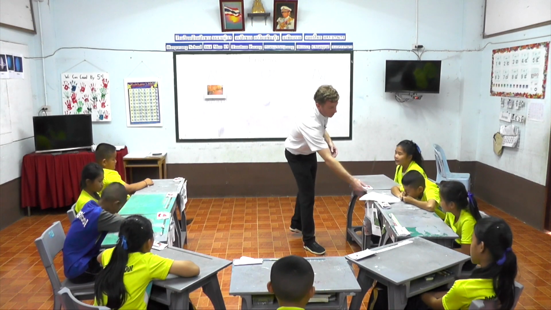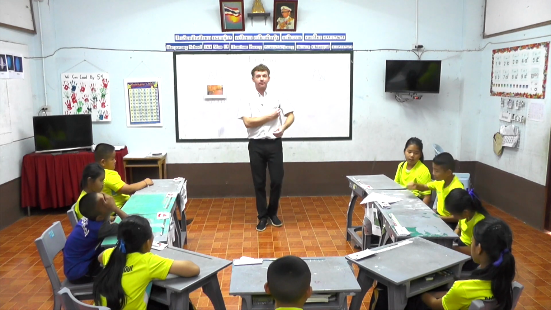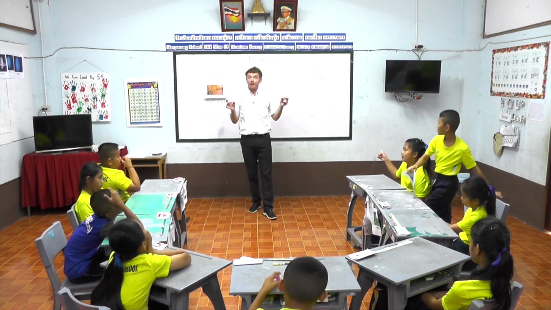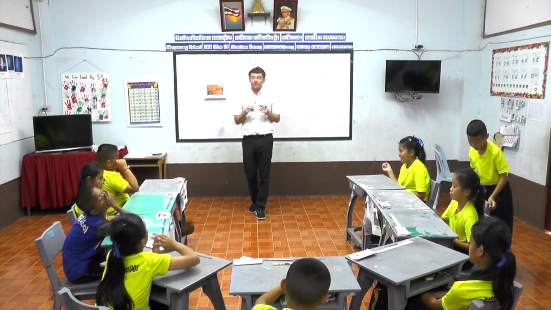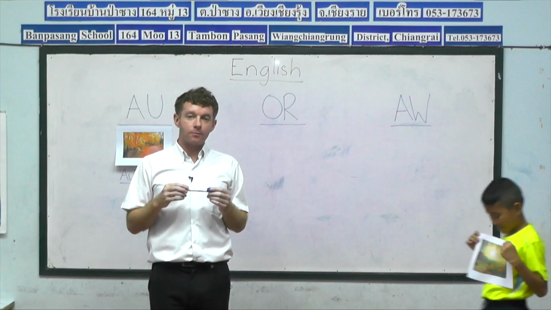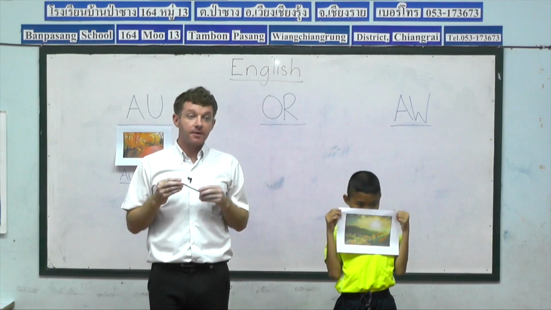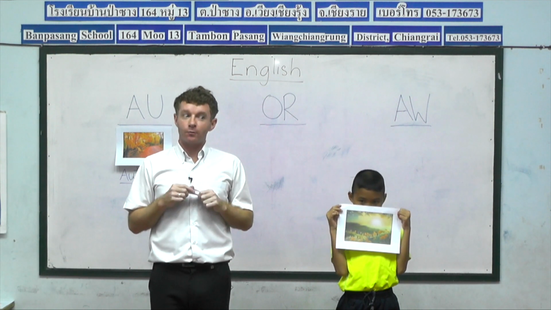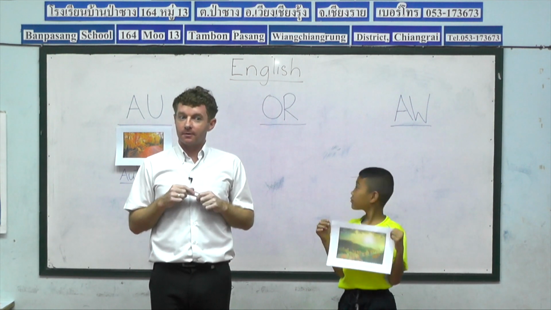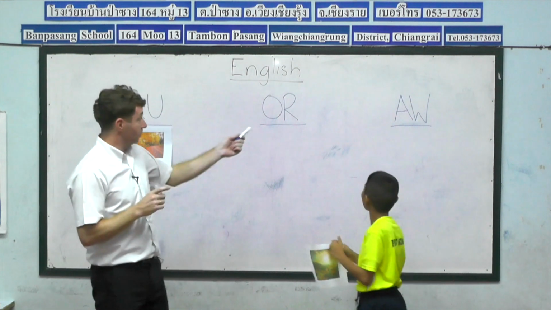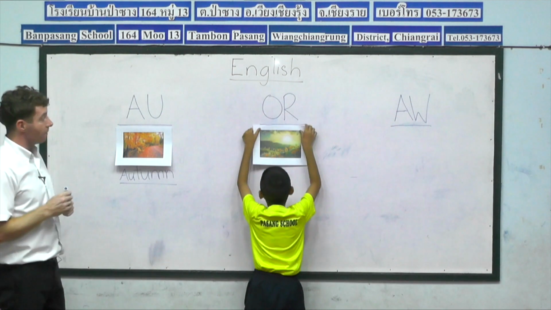And the next flashcard is with Pangpon. So let's see if Pangpon can come and present his flashcard picture to the class. And let's see, what picture can we see, guys? Morning. How do we spell morning? O-R. We use the O-R spelling for morning, yes.